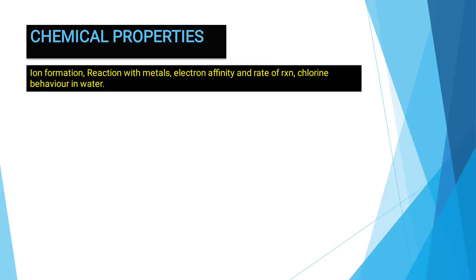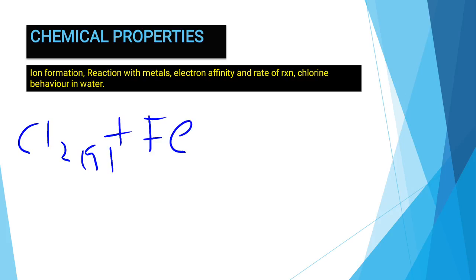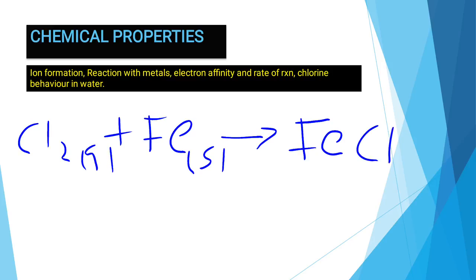How is that equation? We have chlorine, a gas, reacting with iron, a solid, to give us iron 3 chloride. In this case, it's a solid.